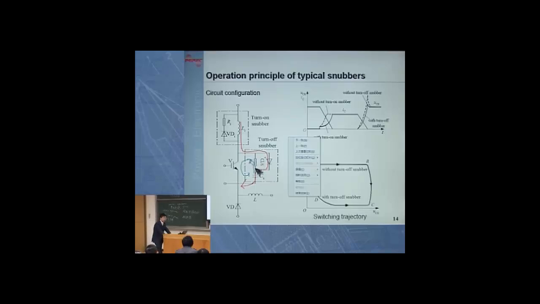The way I do this is to use this snubber circuit so that the energy is released here, stored in this capacitor first, and in the future, once this IGBT is turned on again, I release that energy and dissipate it through this IGBT and on this resistor.